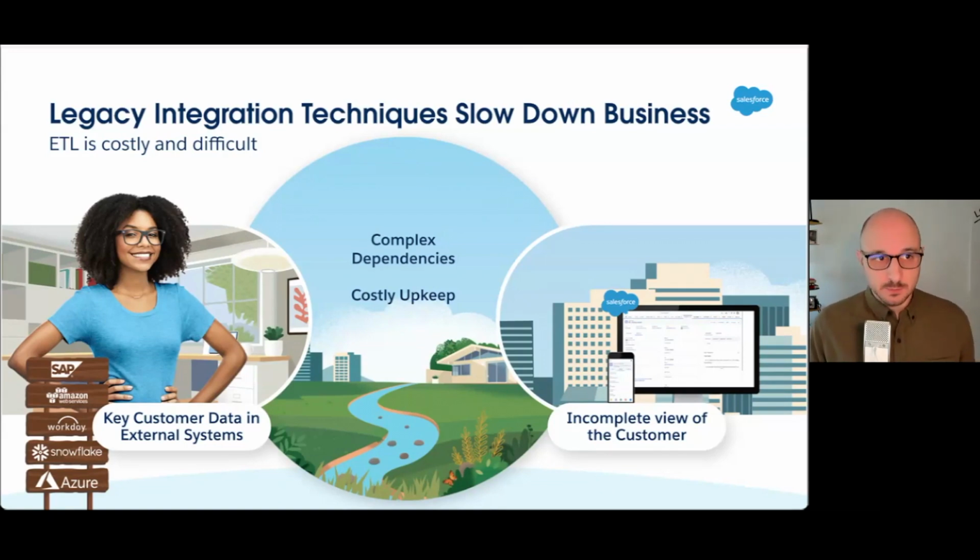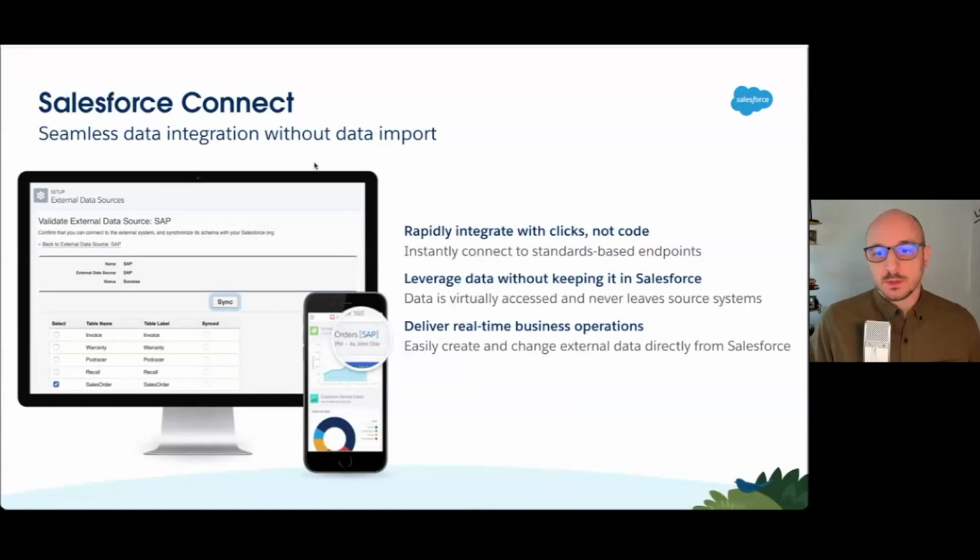So that is what prompted us to create and launch what we call Salesforce Connect, which, as you see here, is a data integration approach that does not copy or sync your data and has point and click setup so that you can treat that outside data as if it were effectively a custom object in Salesforce without the burden of actually having to copy it and store it within the four walls of Salesforce.